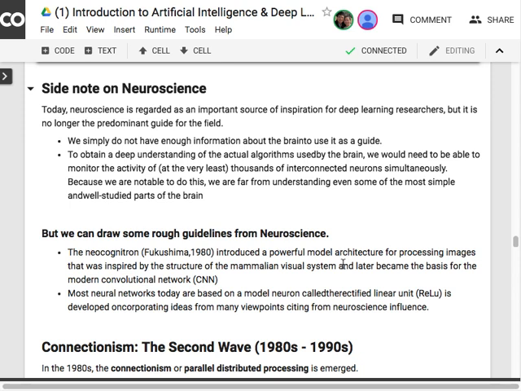The second one is the activation function, which you will learn about next week. Most neural networks today are based on the model neuron called the rectified linear unit. The rectifier unit mimics the activation of brain cells, let's say like this.